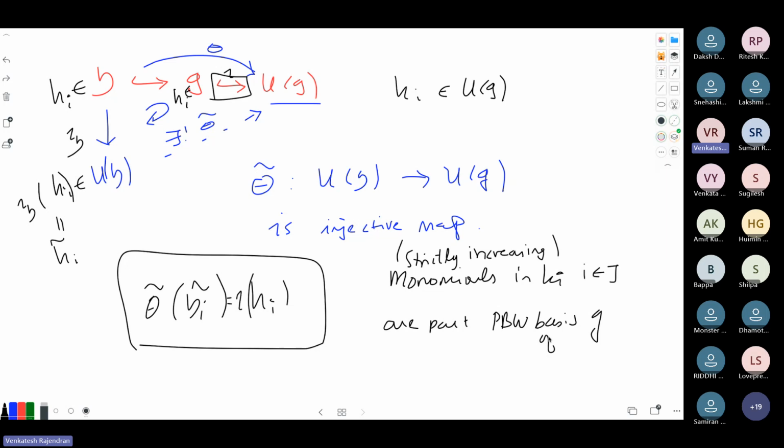So the image of the basis of UH is linearly independent inside UG. So that tells you that this map must be injective.